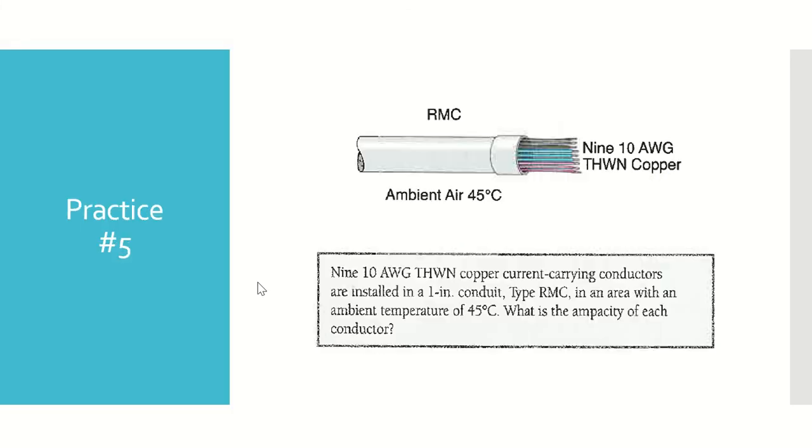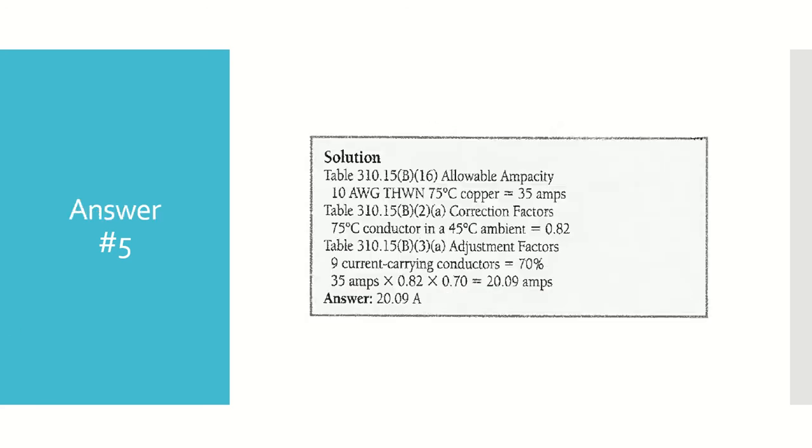So you can see how 9 number 10s, if they were not bundled together or in this ambient temperature, were good for 35 amps. And now all the way down to 20 because of this scenario here. So here's the answer for that.